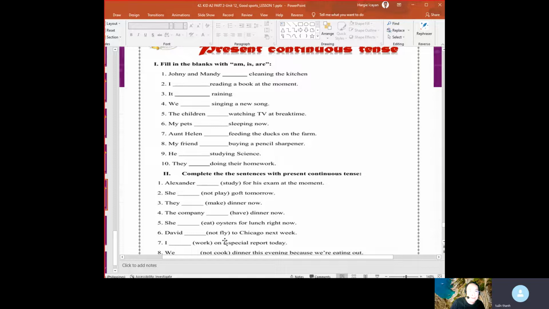The company is having dinner now. That's correct. So is having. So the company is having dinner now. Okay. Very good. So that's correct.